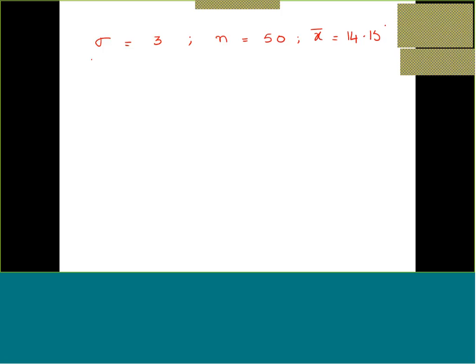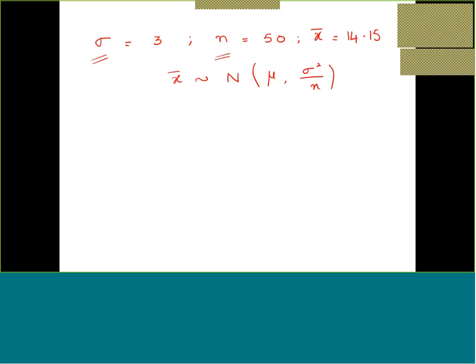Now you see that sigma is known and sample size is large. So X bar follows what distribution? So X bar follows normal distribution with mean mu and variance sigma square by n.